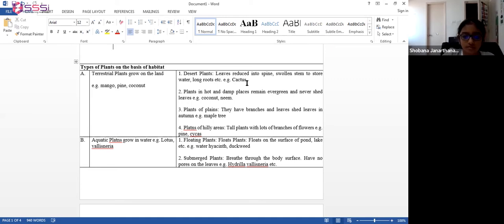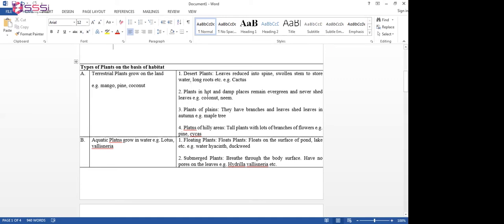Next, plants in hot and humid places remain evergreen and never shed leaves, for example, coconut and neem. Then plants in plains have branches and leaves and shed leaves in autumn, like the maple tree.